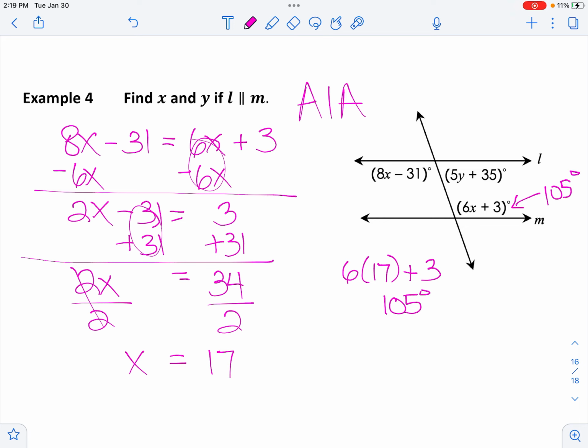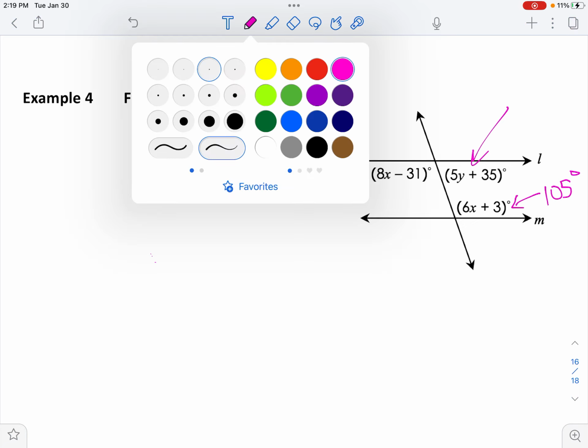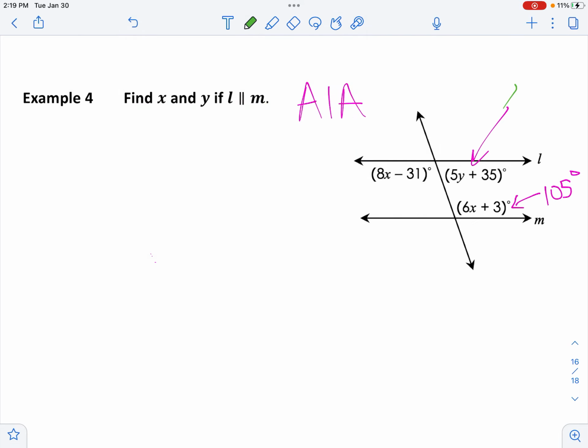Cool. Now I need to know what this is. So there's a couple of different ways that you can think about this, but I want to try to make it as easy as possible. I first am going to figure out what this angle is. I know that this one plus this one has to be equal to 180.